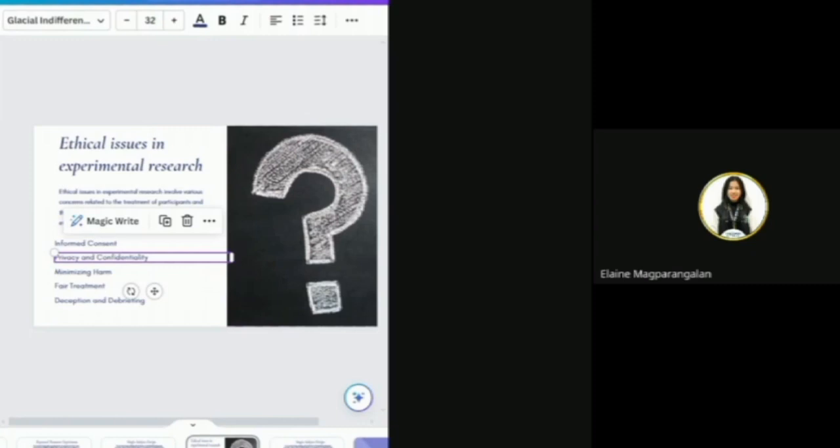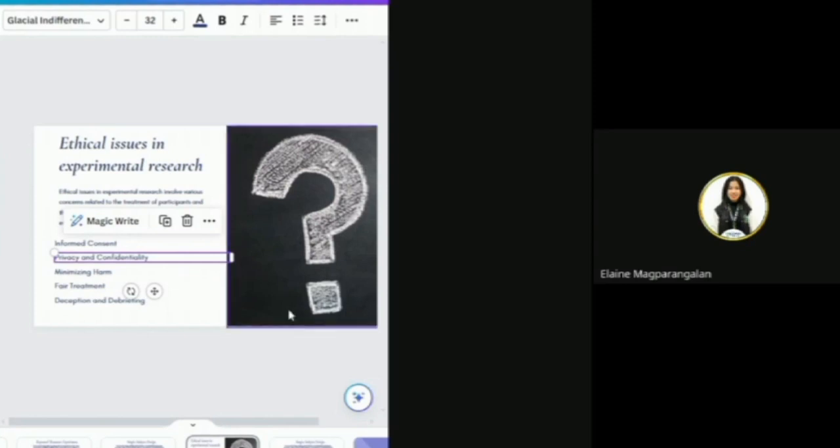So we can not only build the trust between the participant and us, but also we can get the true experience of the participant, when we interview them, mas clear yung ibibigay nilang information with you na of course aligned sa study mo.